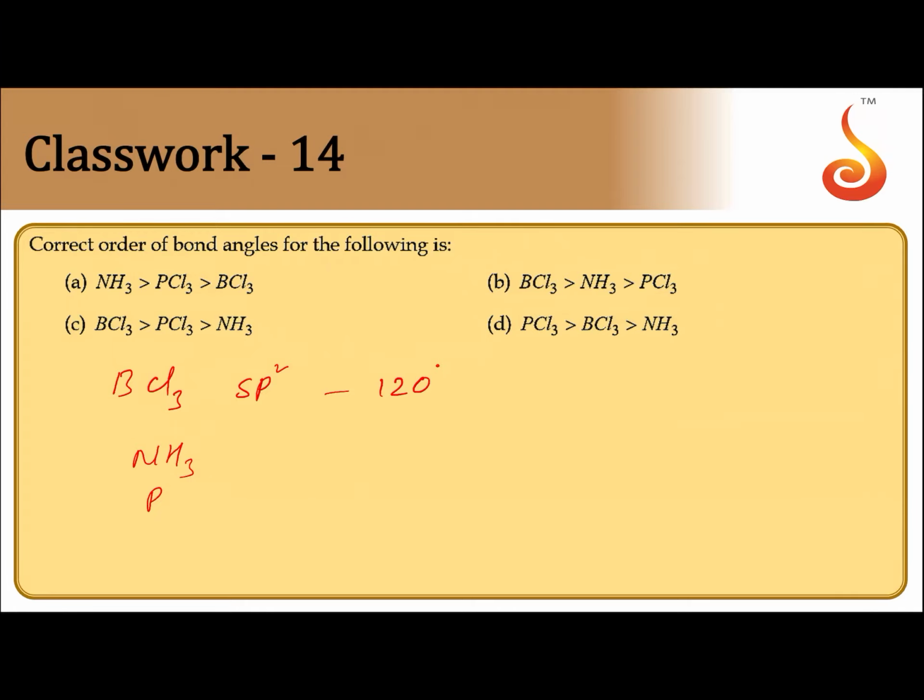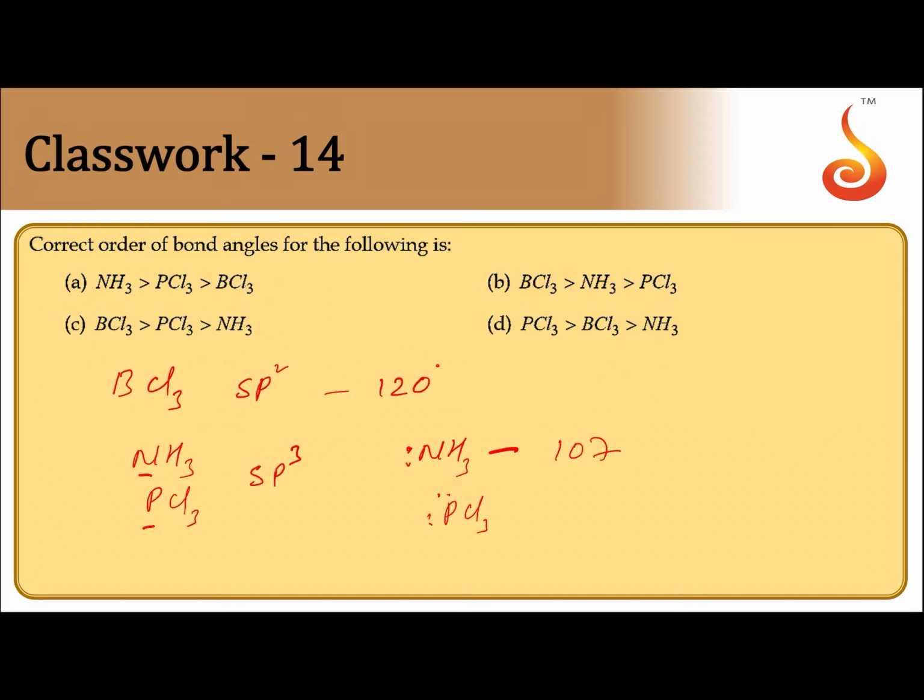When you take the ammonia as well as the PCl3 molecule, the central atoms are undergoing sp3 hybridization. But the ammonia molecule has one lone pair whereas the PCl3 molecule is said to have two lone pairs now. When you have one lone pair, the angle gets reduced from the tetrahedral angle. With two lone pairs, the angle gets further reduced.